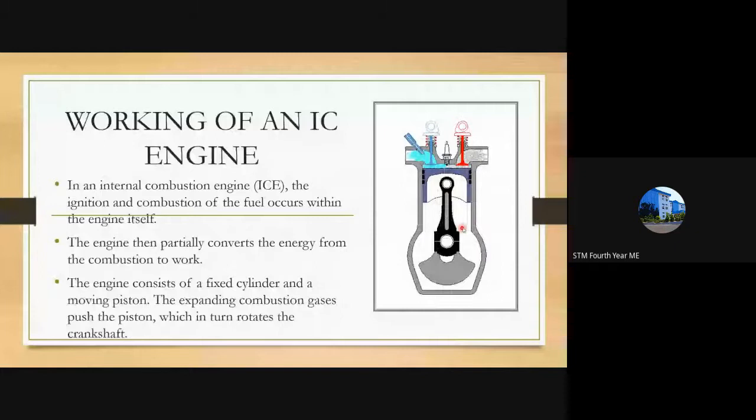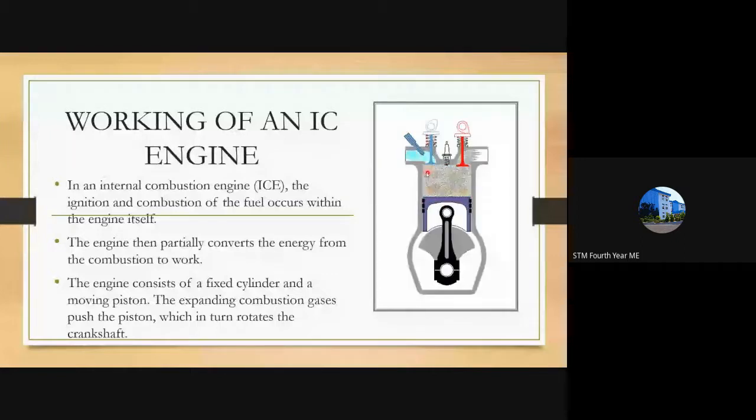The topmost point a piston can travel to is called the top dead center, and the bottommost point the piston can move to is called the bottom dead center. That is TDC and BDC. You can also see that while the piston moves upwards, there is a small gap here.